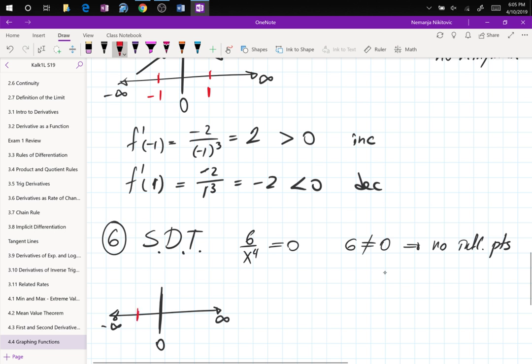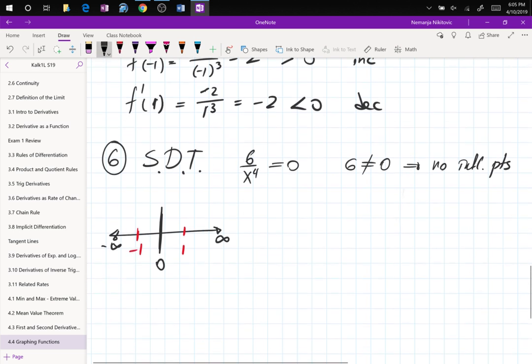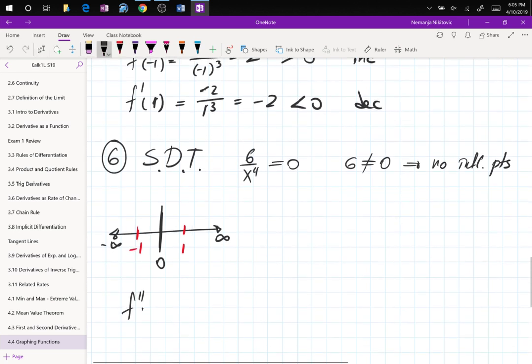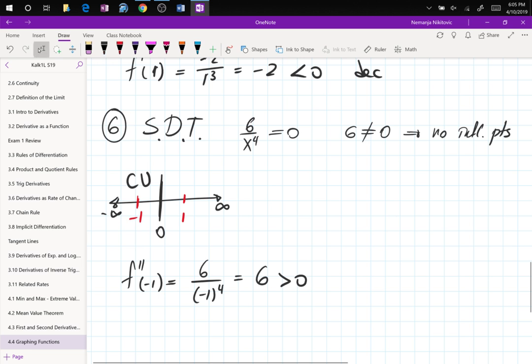And we pick 2 test points, -1 and 1, and then we do our second derivative test. So f double prime at -1 is going to be 6 over -1 to the 4th, which is 6, which is larger than 0. It's concave up. And second derivative at 1 is 6 over 1 to the 4th, which is again 6, larger than 0.